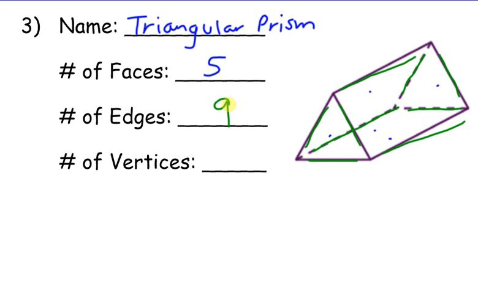So it has 9 edges. And let's see how many vertices it has. 1, 2, 3, 4, 5, and 6. So it comes to a point 6 times, 6 different vertices.